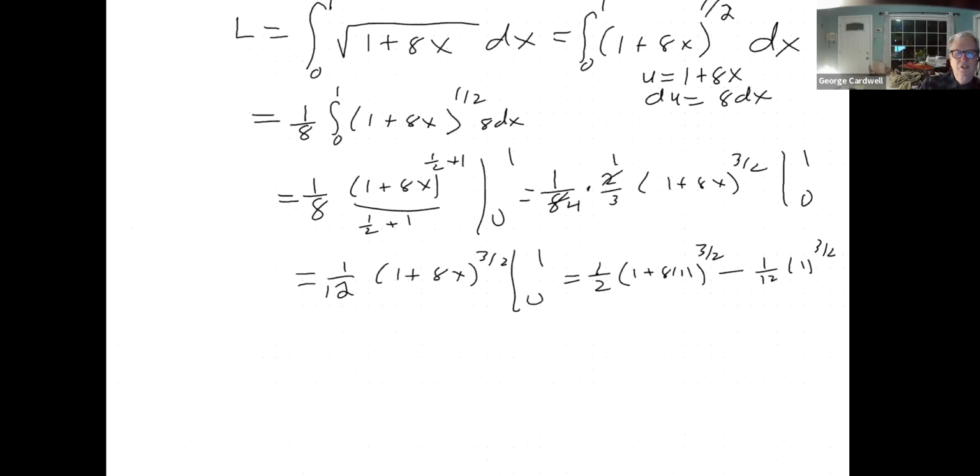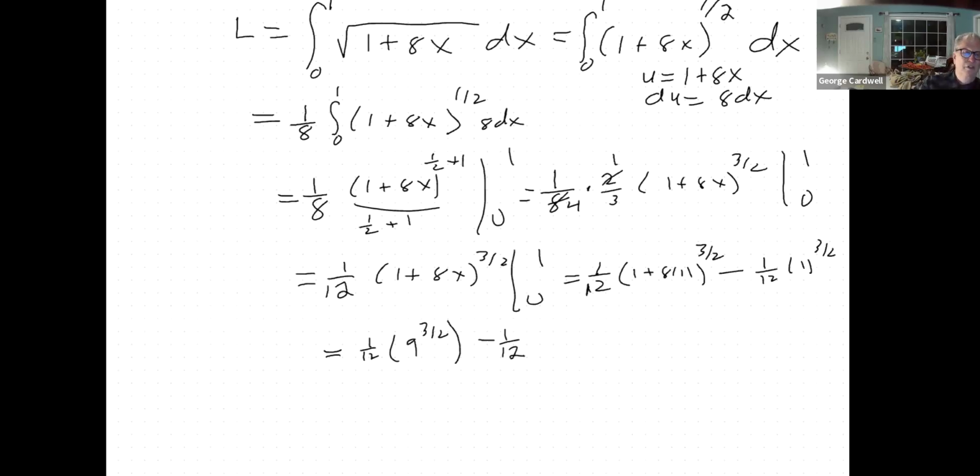So this becomes 1/12, 9 to the 3/2, because 8 times 1 is 8 plus 1 is 9, minus 1/12. 1 to the 3/2 is 1.